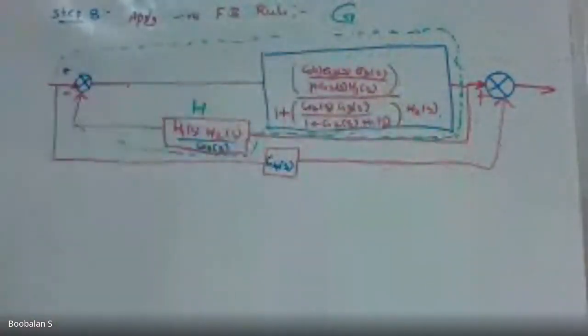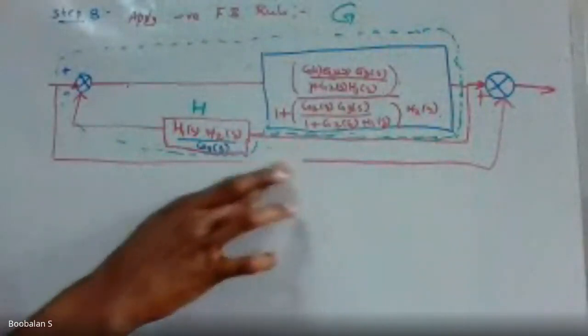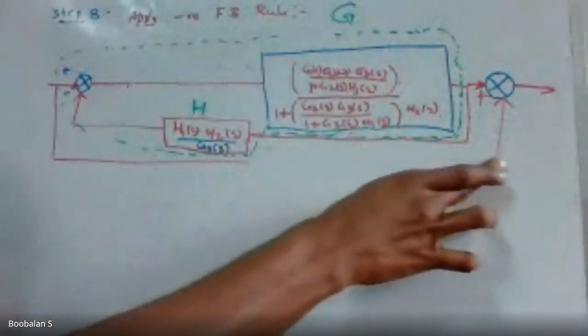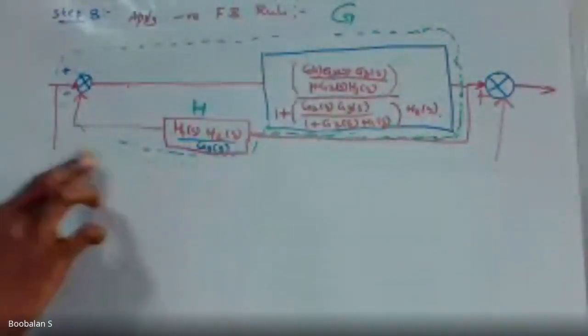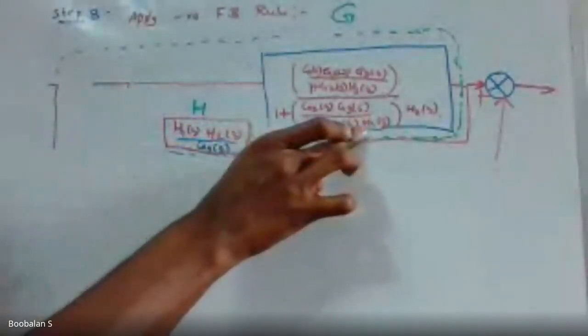Once again, I'm just going to repeat the same and multiply with H. Right? G4 already finally G4 because I'm not having enough space in my board. That's why. Apply negative feedback rule. The entire block is now G divided by 1 plus G into H.